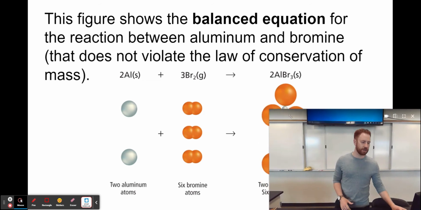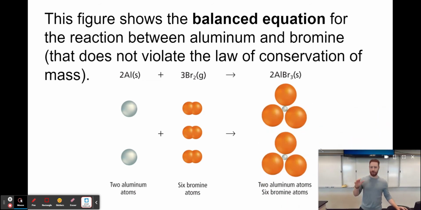It's not always going to be that one of this and one of this come together and make one of this. Sometimes it's two of these and three of these come together and make two of these new things. Like in this case, if you had two aluminum atoms and three diatomic molecules of bromine, they could react together to form two aluminum bromide molecules in the end.